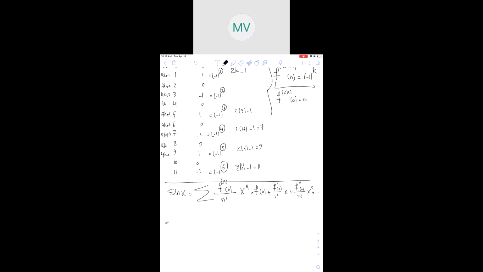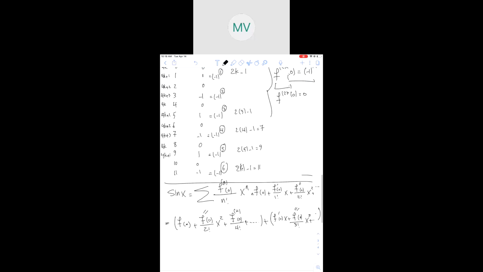Split them up into even indices and odd indices. f of 0 plus second derivative at 0, 2 factorial x squared plus fourth derivative of f at 0, 4 factorial plus. All right, now odd ones. So f prime at 0, x plus third derivative of f at 0, 3 factorial x cubed plus the next one is x to the fifth, x to the seventh.